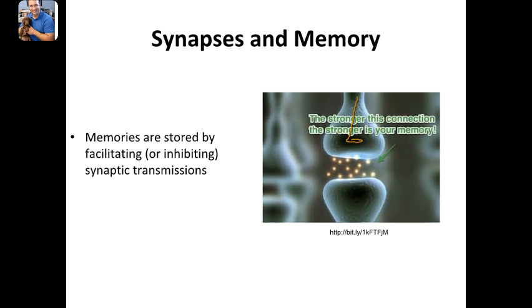Here's the receiving neuron receiving the message and continuing it, or performing some action. The stronger the activity in the synapse, we're talking about thought, learning, memory. The stronger the activity in the synapse and the more efficient that nerve impulse is, the stronger the memory.